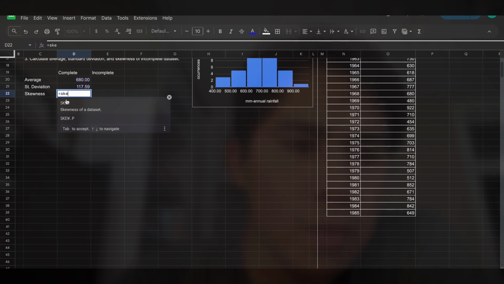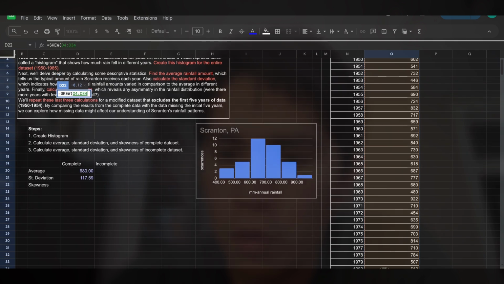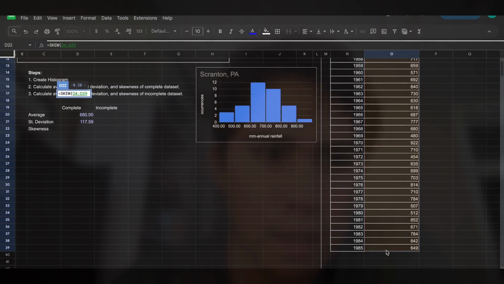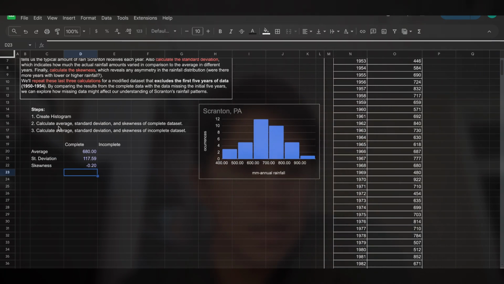Make sure you use the first one and not the SKEW.P, because that is for populations and this is for data sets. Usually in hydrology, you don't work with populations. You usually work with recorded data, like in this case. So this will be the skewness. Now that's the second part.